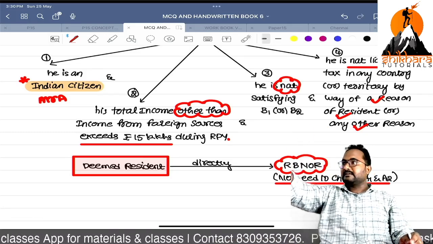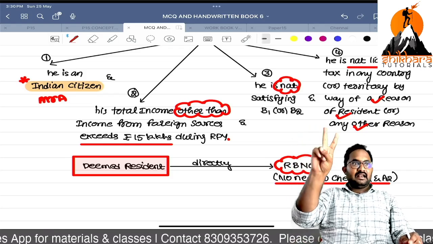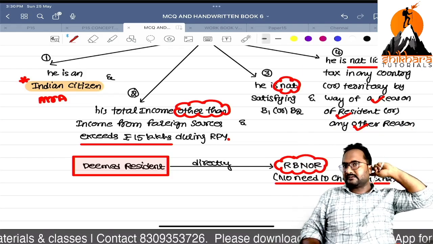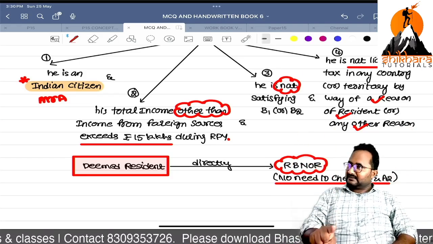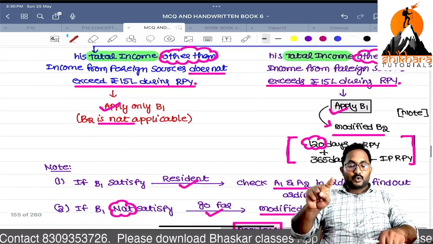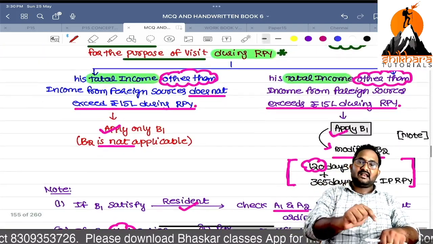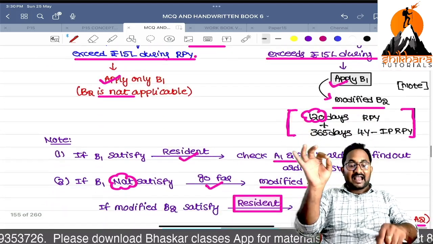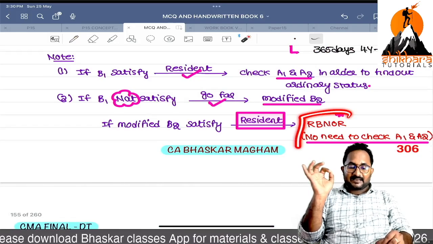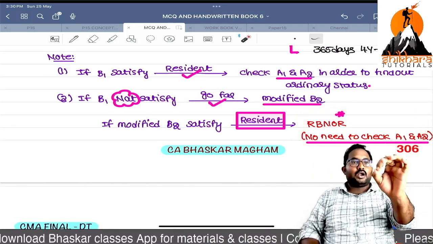In two cases, if one person is a resident, directly we can give the residential status as resident but not ordinary resident. What are the two cases? Deemed resident case. Second one, exception number 2: if you have total income of more than 15 lakh from Indian sources, and he satisfied modified B2, directly we can say that person is a resident but not ordinary resident.